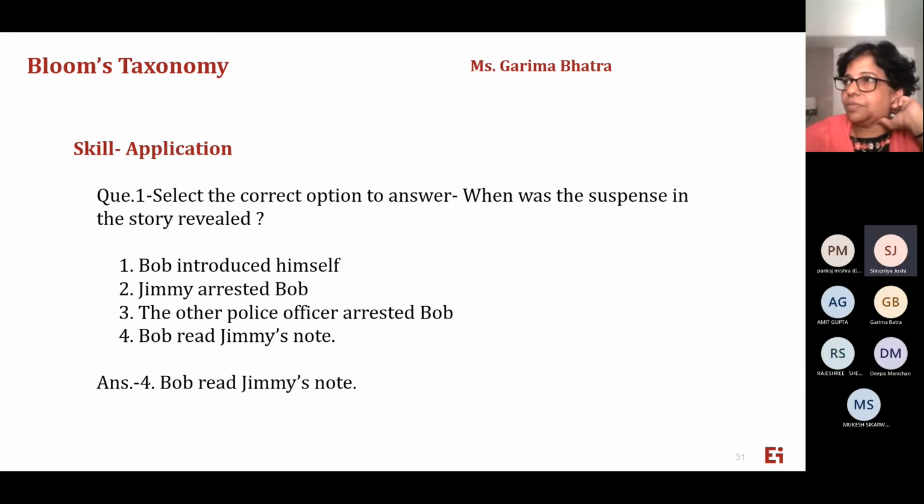Actually, when comprehension based questions are asked, it is already clear that one has to understand the whole passage. So understanding should be there.